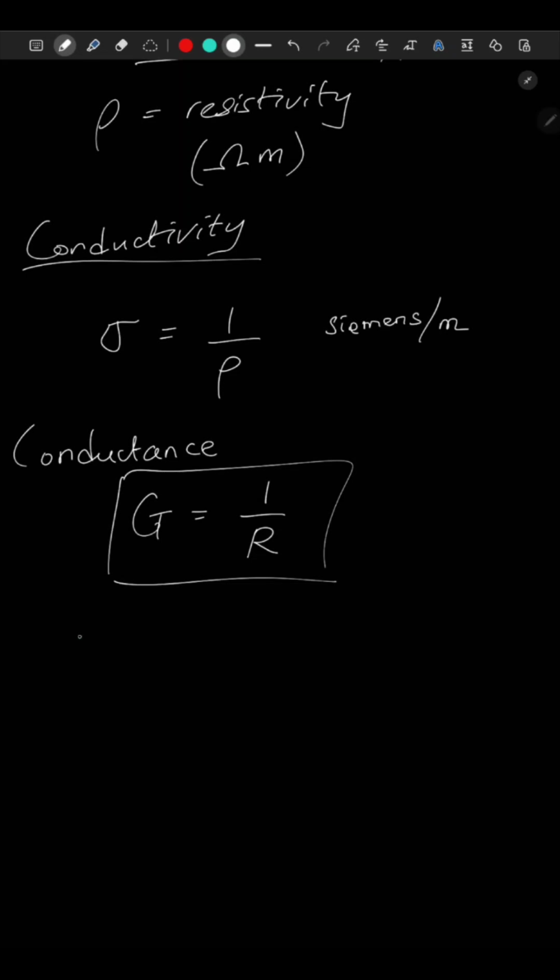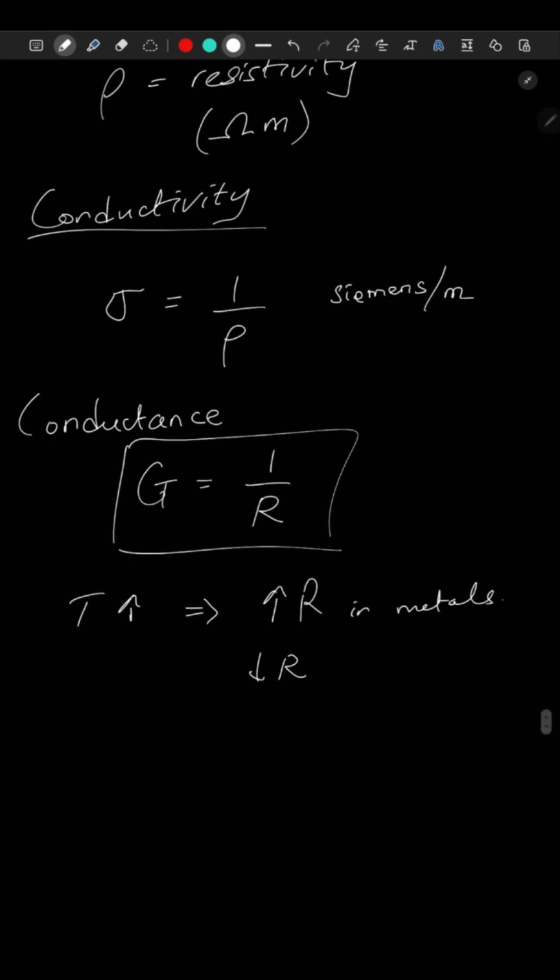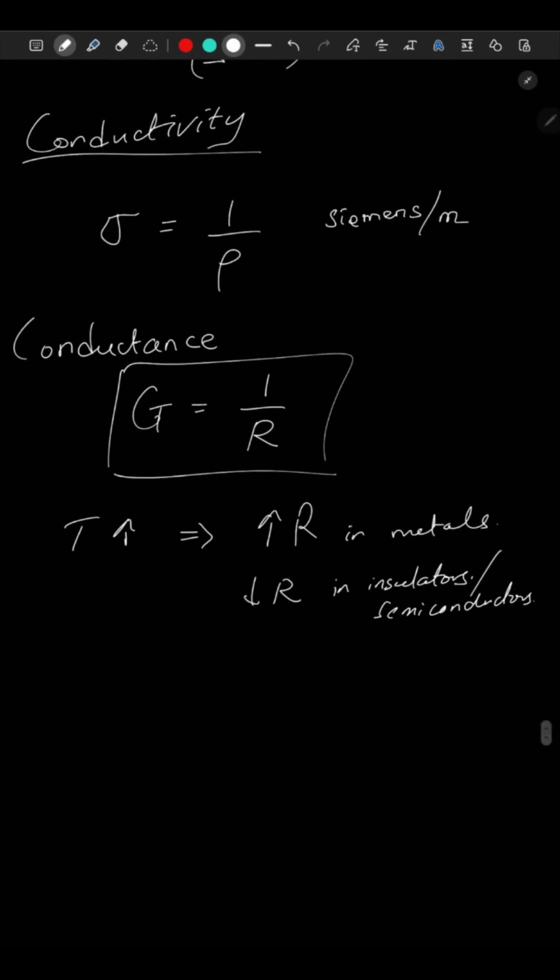So a temperature rise would increase R in metals, but would decrease R in insulators or semiconductors or electrolytes.